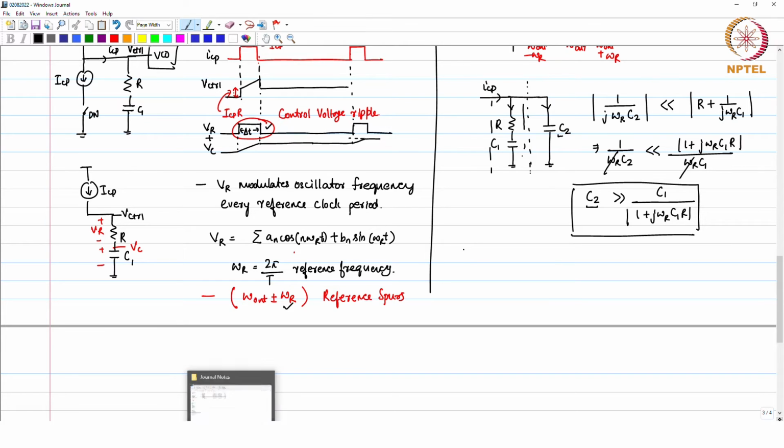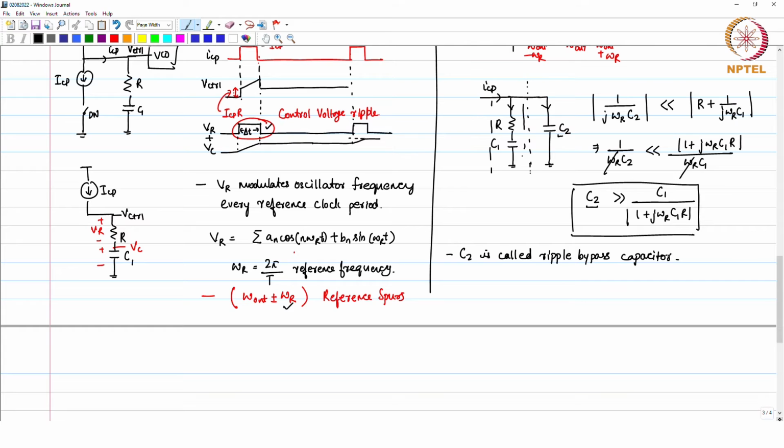So, this C2 is called the ripple bypass capacitor, because we introduce it for ripple suppression.